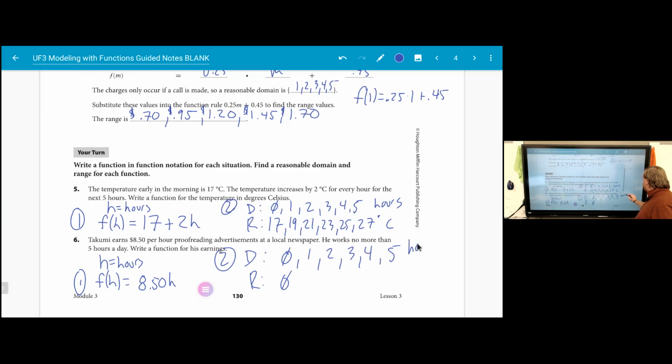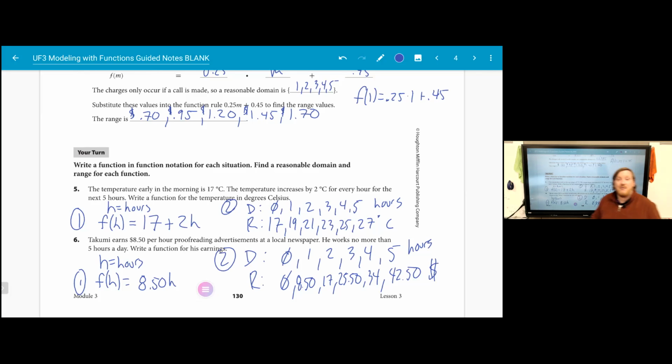If he works 1 hour, he makes $8.50. 2 hours would be 17. 3 would be $25.50. 4 hours would be $34. And 5 hours would be $42.50. Again, this is dollars for the range.